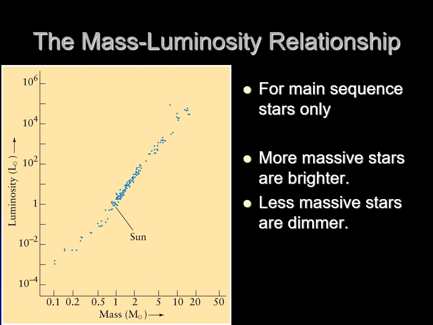Remember, there was an equation for that. Once you have the luminosity, you come over here and drop down, and that tells you the mass of the star. That's the mass-luminosity relationship.